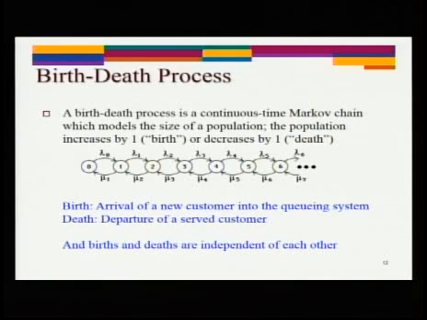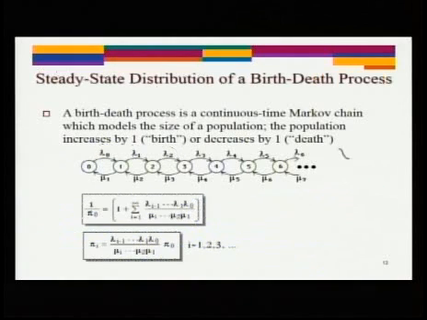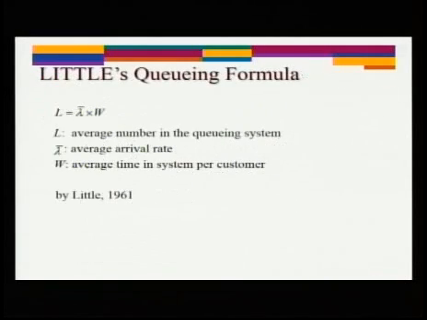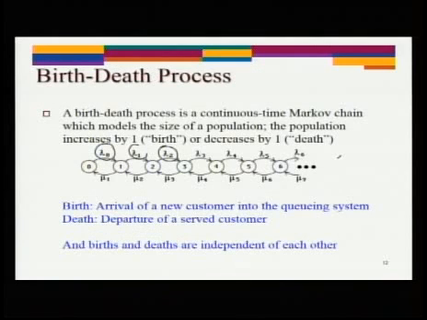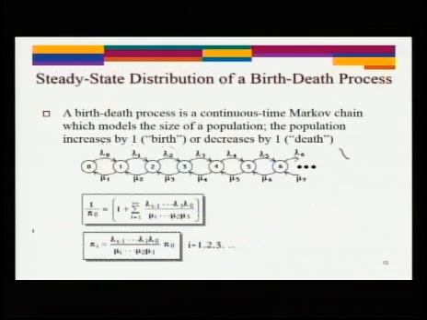And here the variables lambda 0, lambda 1, lambda 2, and so on, these lambda j's, are called the birth rate in state j.